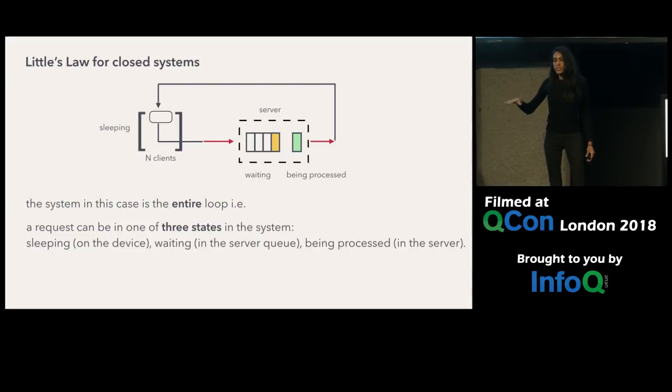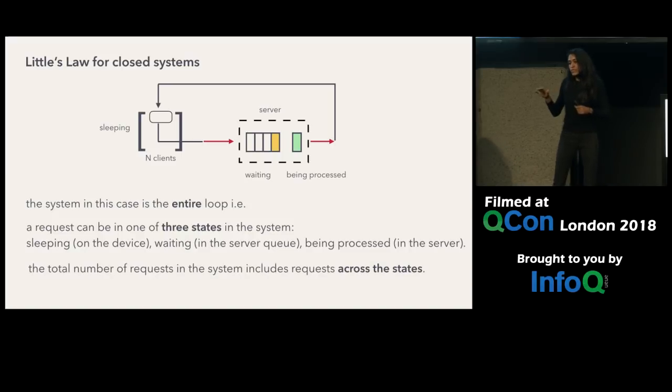It can be sleeping on the devices, waiting in the server's queue, or being processed in the server itself. The total number of requests in the system includes requests across all three states. Little's law gives us a formula for the total number of requests.